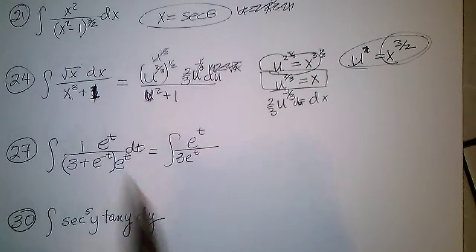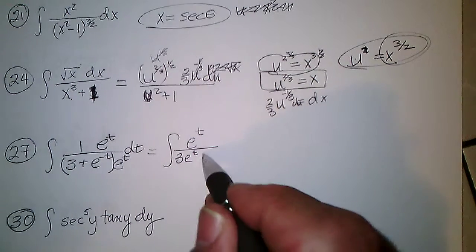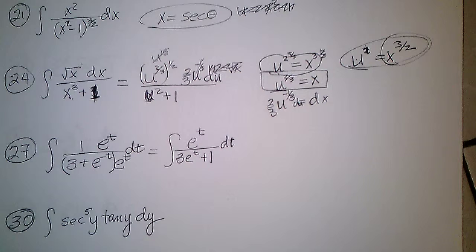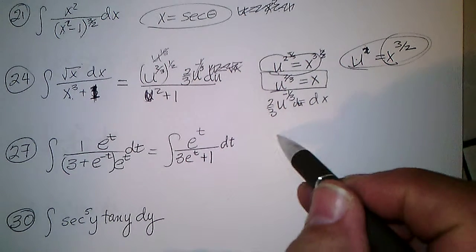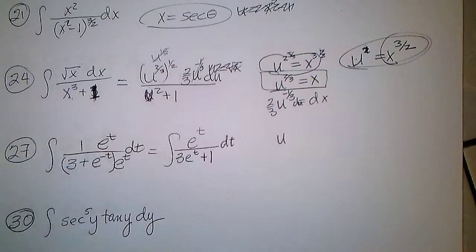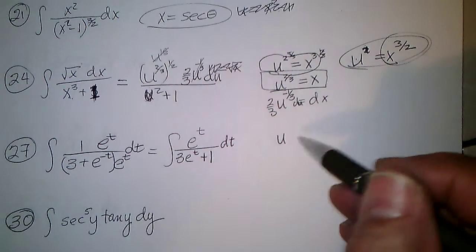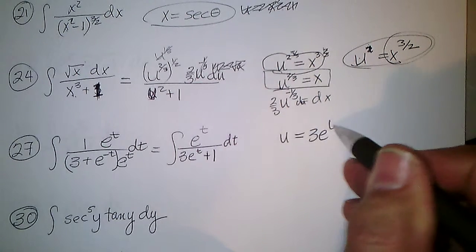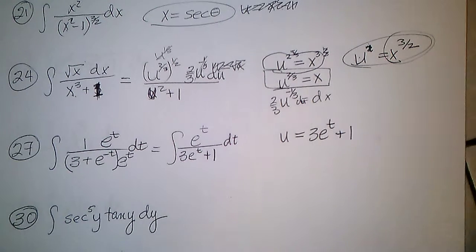We'd add the powers and we'd get 0, and e to the 0 is 1. And I think then a simple u substitution for 3e to the t plus 1 will make this work out pretty easily.